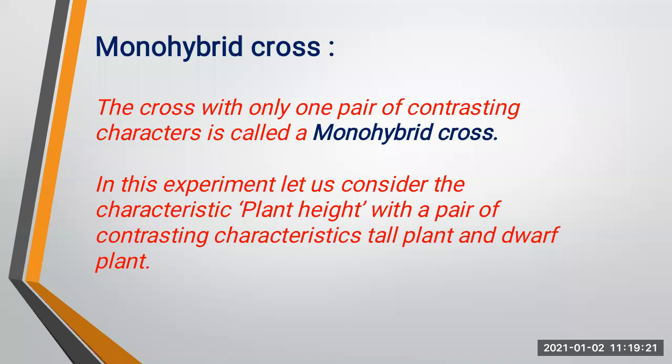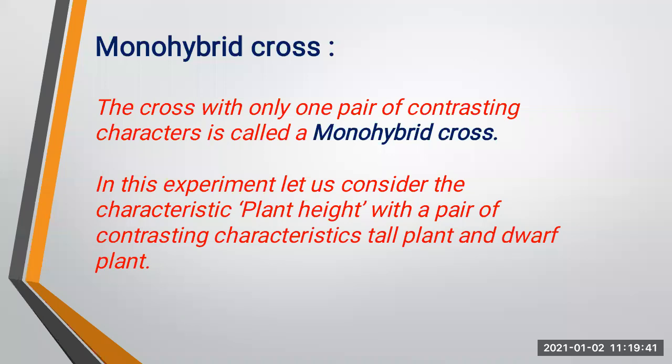Then monohybrid cross, this is important. Even if you go in 11th and 12th standard, you need to know this. This is the basic. So directly considering that you know monohybrid cross, the professors in the colleges start explaining in detail, right? So you need to know this.